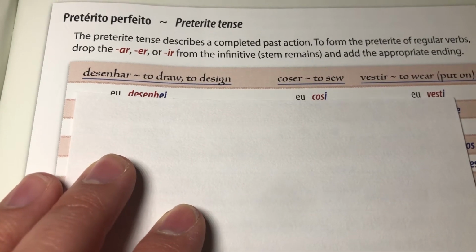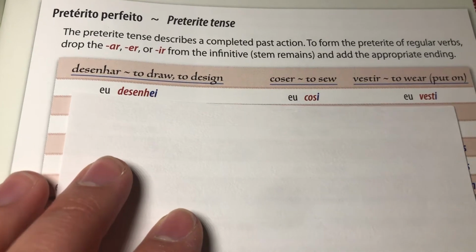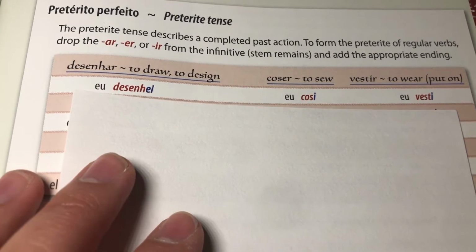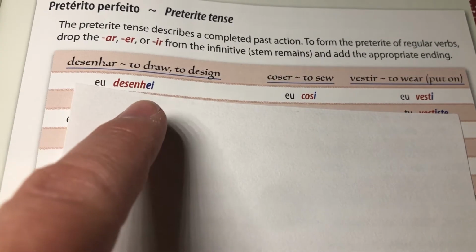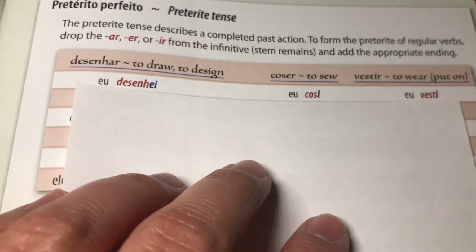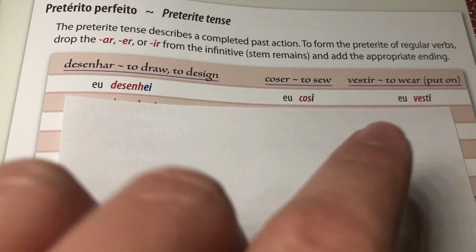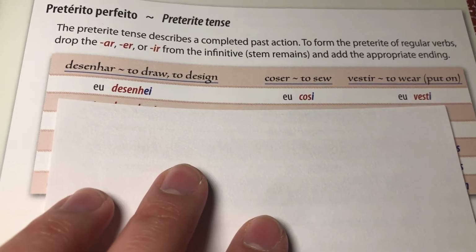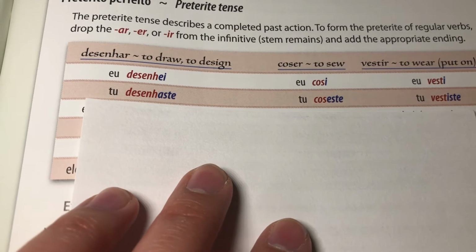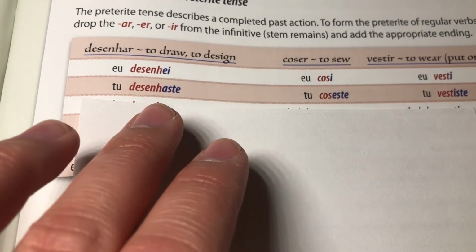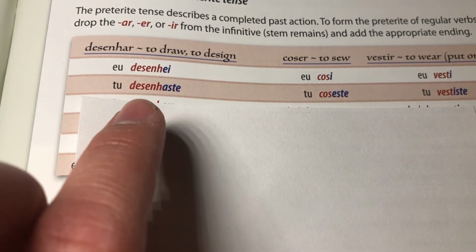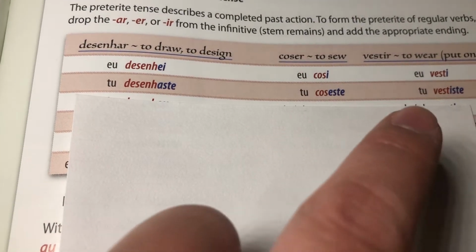So let's go to the subject pronoun eu, which is I, right? For eu, AR, you notice that they add an EI at the end. For the ER and the IR verb, they both add just an I at the end, okay? Going down to tu desenhaste, see the stem there? The stems are in red.